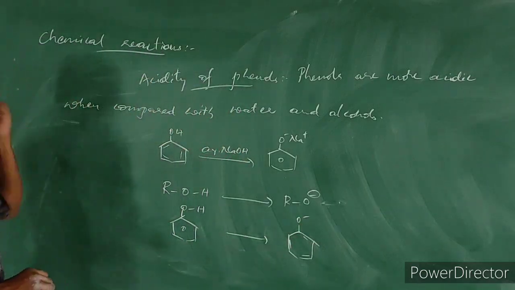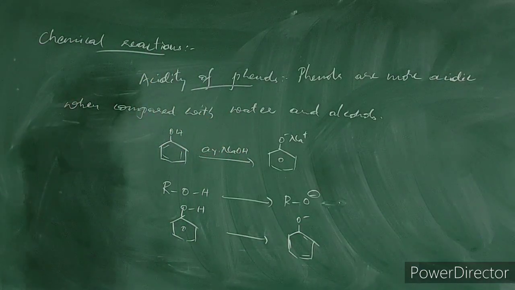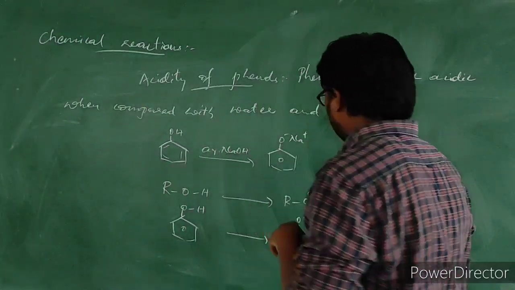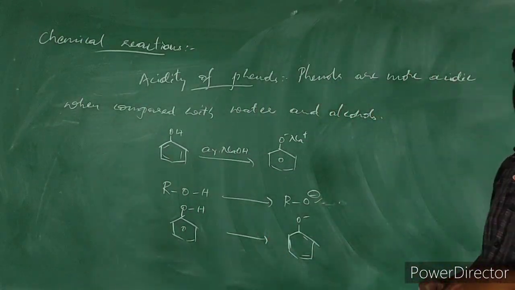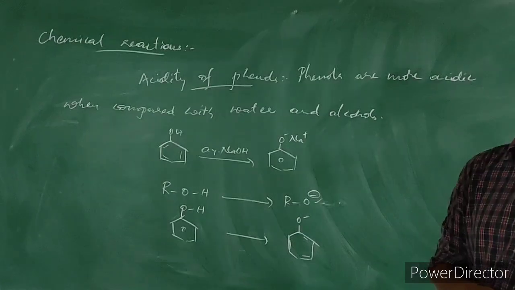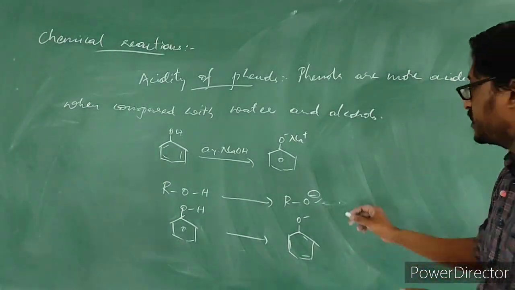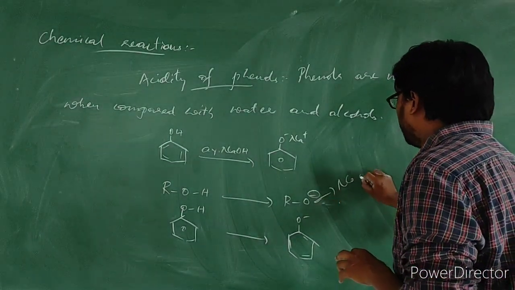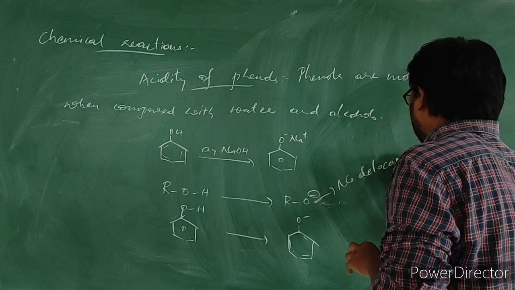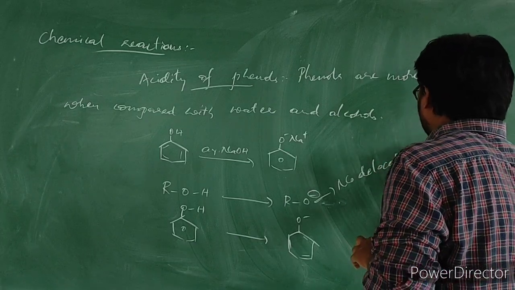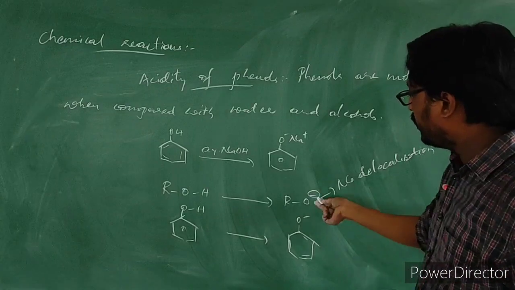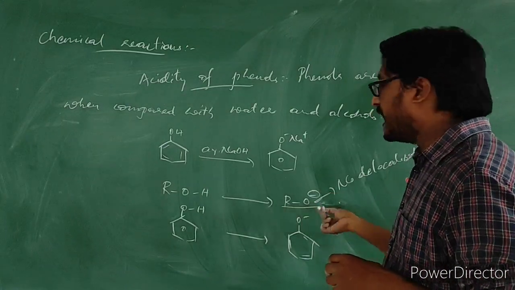Now here, the negative charge which is present on this oxygen atom will not get delocalized. So there is no delocalization of this negative charge in case of alkoxide ions.